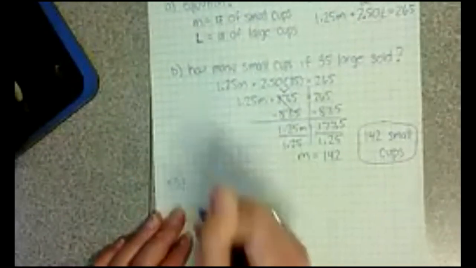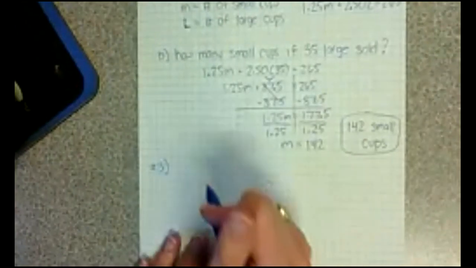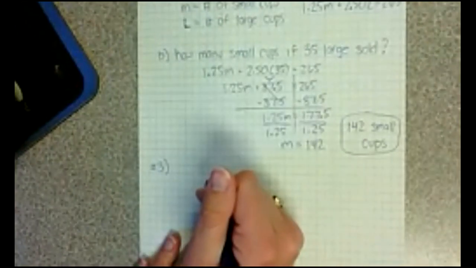All right, one last example again. Then, remember you will see word problems on your test. Okay, so make sure during the homework time, if you have questions that you're asking. Example 3, our last one.